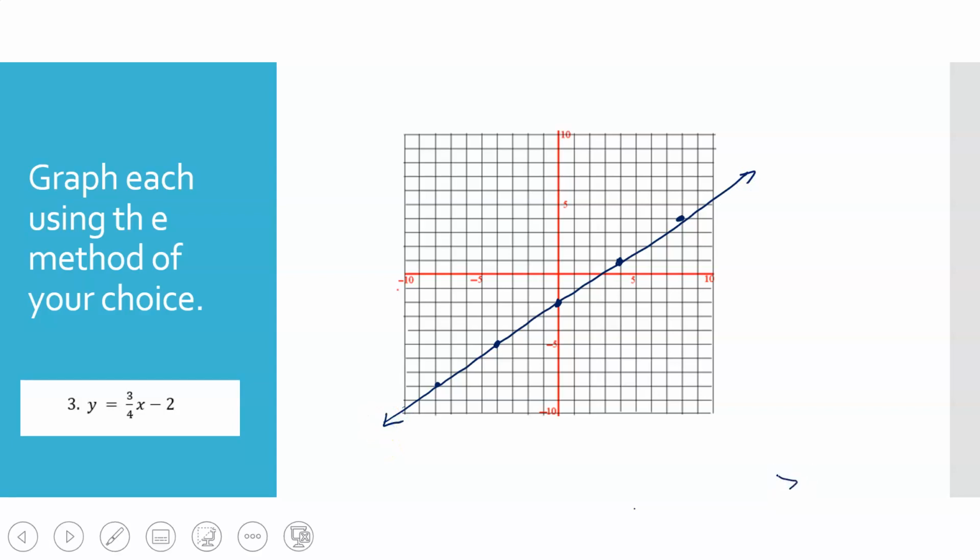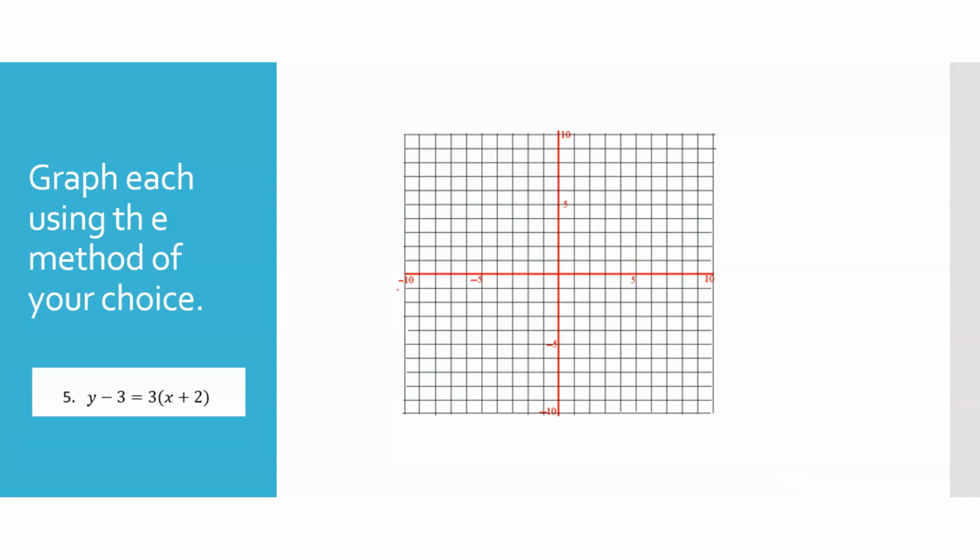This last one. Sometimes the point they give you may not be on the graph, but let's see. So we take the opposite of these. So my x will be -2, y is 3. That's definitely on the graph. So I go -2, 3.